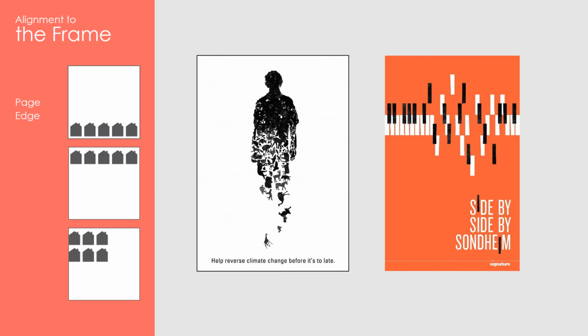Because it is right aligned, and the signature, if that's the logo, has the same right-hand edge. If you drew an invisible vertical line down the right side of the text, the edge of the signature would match that same edge. So that would be like the right-hand margin of this page. And it's all near the bottom of the frame as well. So it's aligned to the bottom right. Okay.